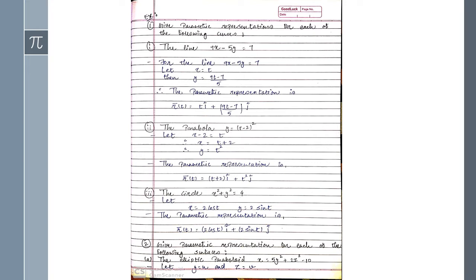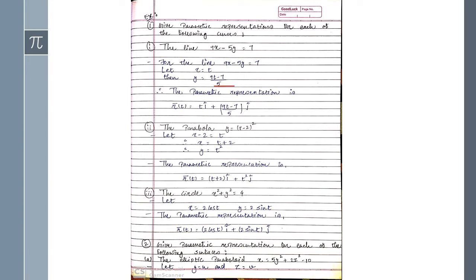See the first equation, the line 9x minus 5y equals 7. Here only two variables are given, that is x and y. So just take a supposition for any one. I'm applying x equals t. Then you can easily get y. I have written the value of y equals (9t minus 7) upon 5.